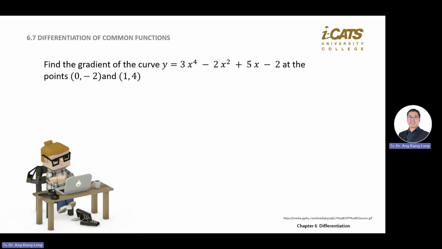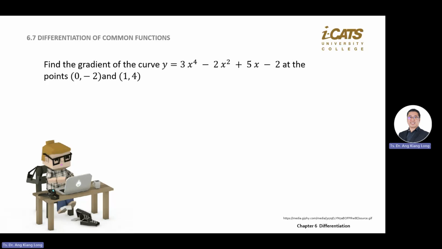If the question asks you to find the gradient, it also means to find dy/dx.